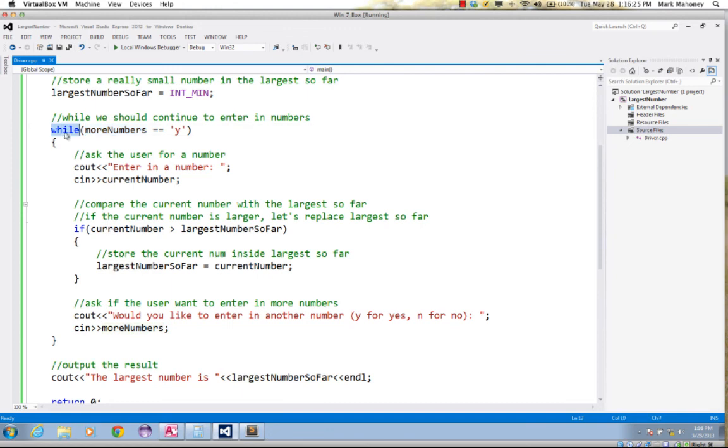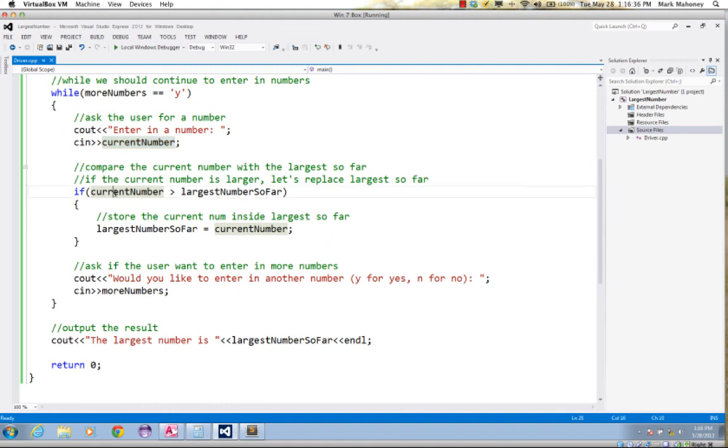And then as long as the user wants to enter in more numbers, we're going to ask for a number, and whatever they type in at the keyboard is going to be stored in there. And if the current number is ever greater than the largest number so far, we're going to take the current number and put it inside the box called largest number so far. And then we're going to ask, do you want to continue?